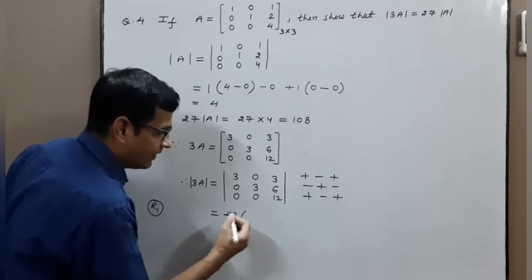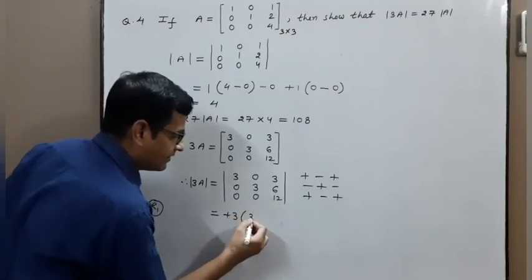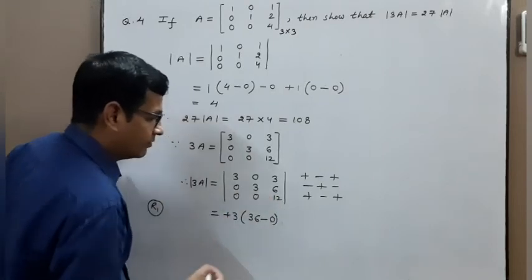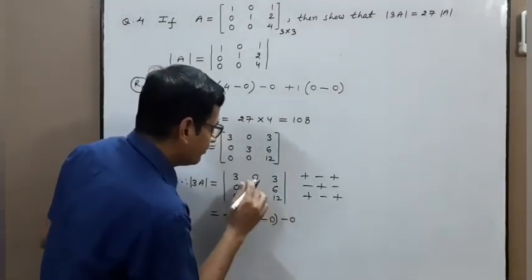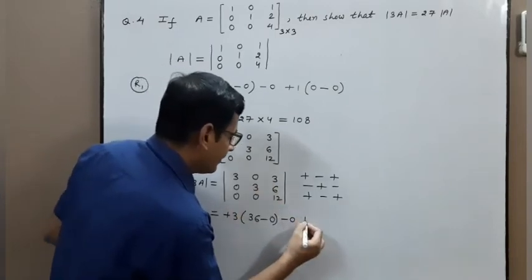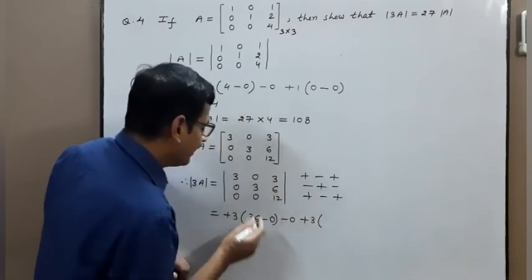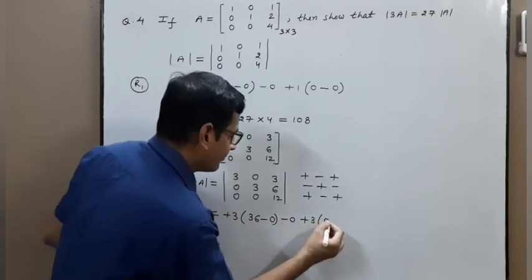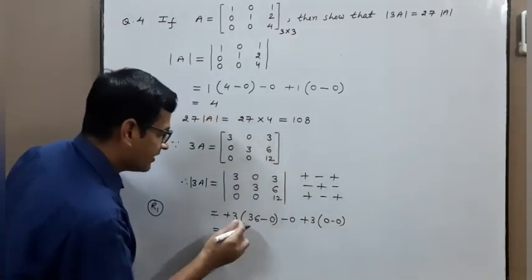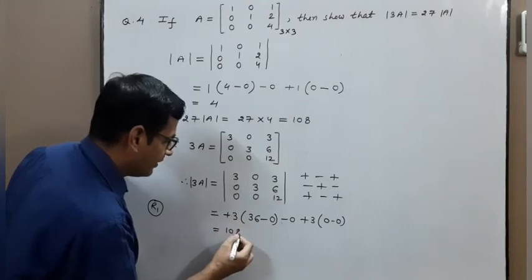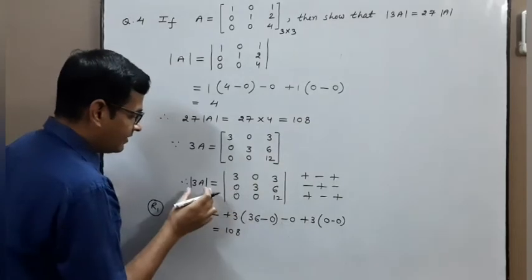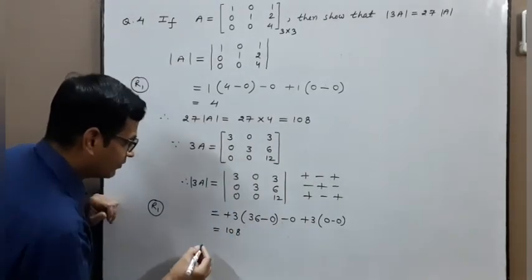Plus 3 into bracket 12 3 is 36. Minus 0, then minus 0 into any number is 0, so no need to write the bracket. Now plus 3 in bracket 0 minus 0 is equal to 36 3 is 108. 27 into determinant A is equal to this, and determinant 3A is equal to 108, which means both are equal.